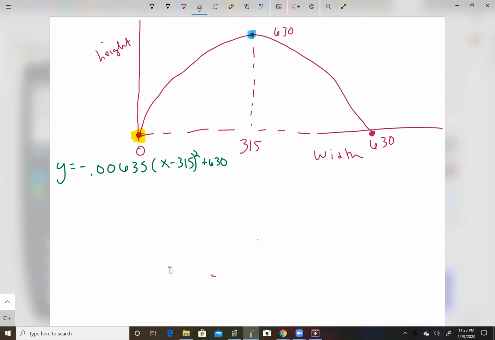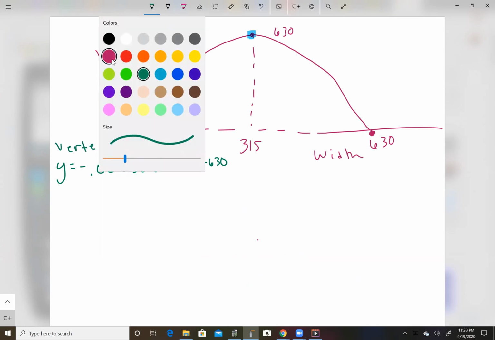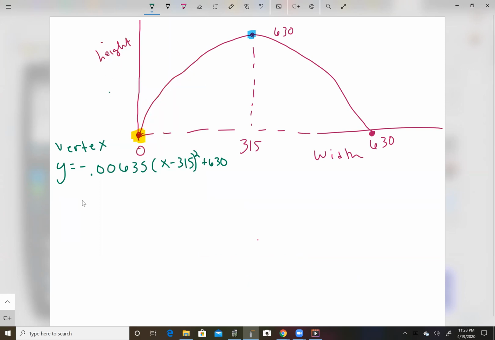Okay, the next thing we're going to do is put it into, so let's make green vertex. And then let's do bright purple as factored form. Oh, why didn't it turn purple?